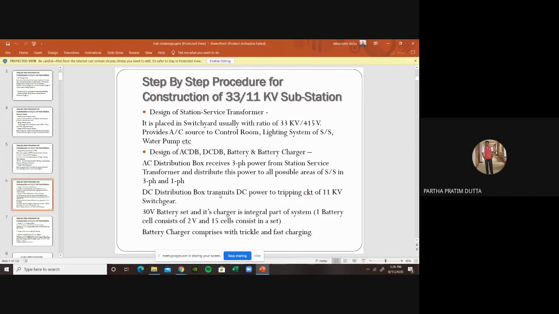Initially we did 16 ampere, but now we are using a 35 ampere battery charger, trickle charging and fast charging. And this 30 volt battery set supplies all the trip circuits and other parts of the DC source through the DCDB, DC distribution box. So these are the basic fundamental designs we usually do and put in place in the substations.